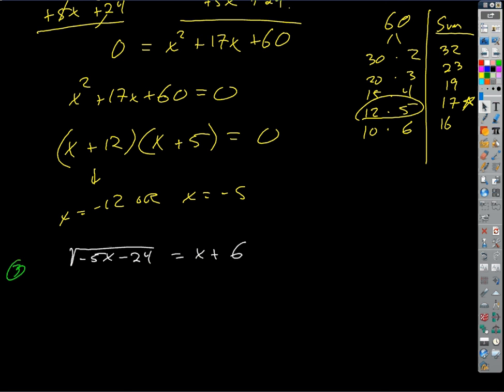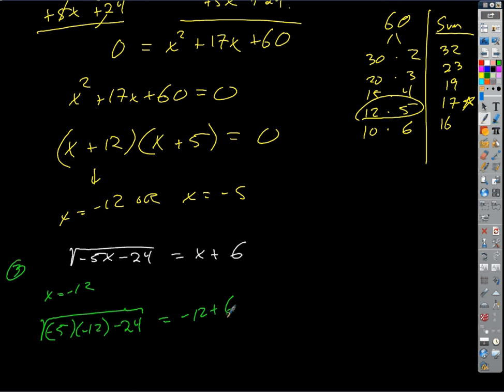Okay, what's that gonna give us? If I plug in negative 12, let's try negative 12. I get the square root of negative 5 times negative 12 minus 24 equals negative 12 plus 6.